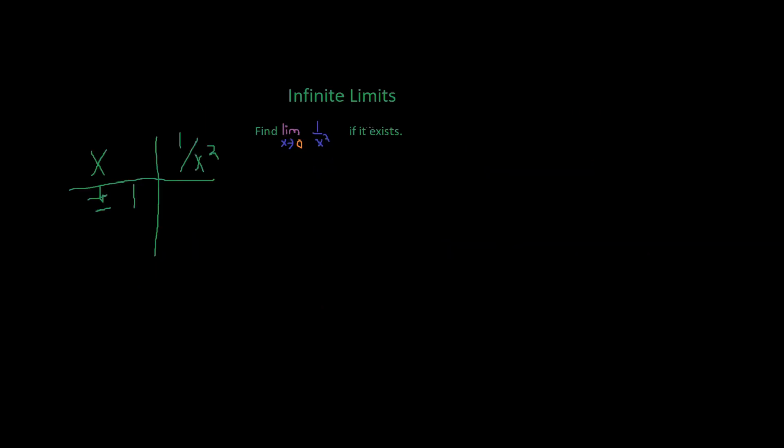Alright, infinite limits. Find the limit of the function f of x equals 1 divided by x squared as x approaches 0. So let's see what happens if it exists. Alright, so we gotta keep doing what we've been doing, which is using a calculator and a table of values.